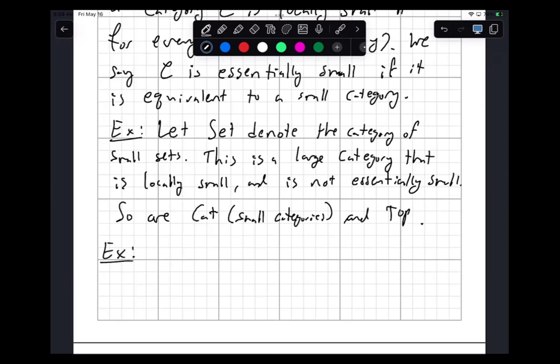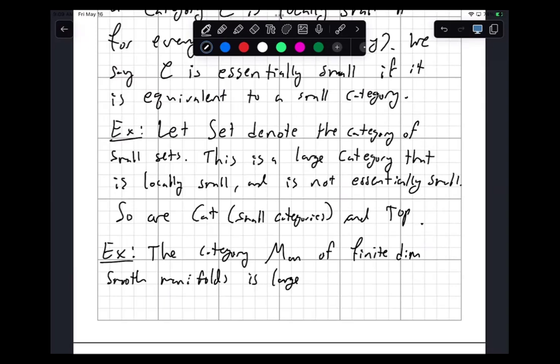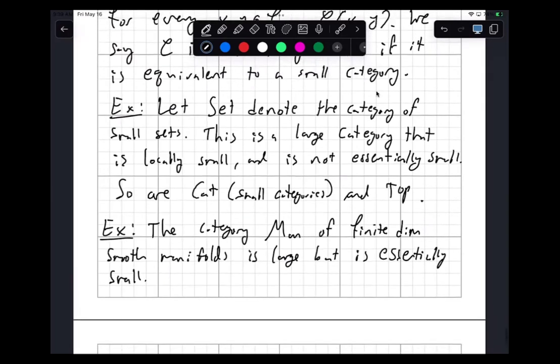Next example, the category Man of finite dimensional smooth manifolds is large, but is essentially small. One way to see this is by using the Whitney embedding theorem. How about topological manifolds?